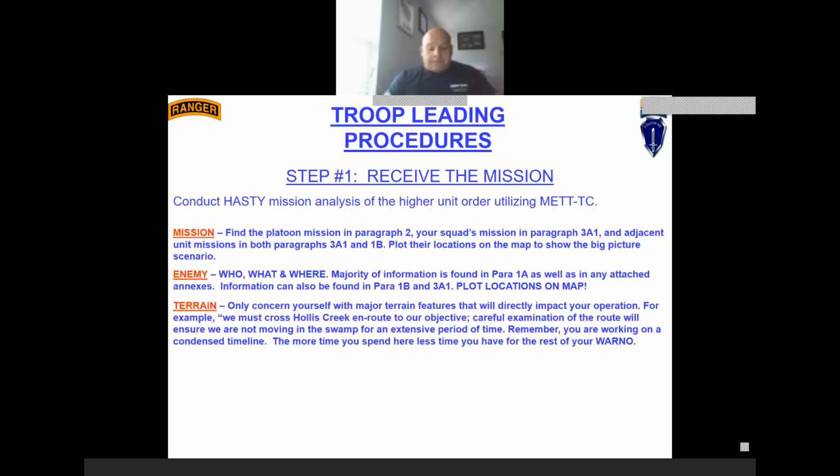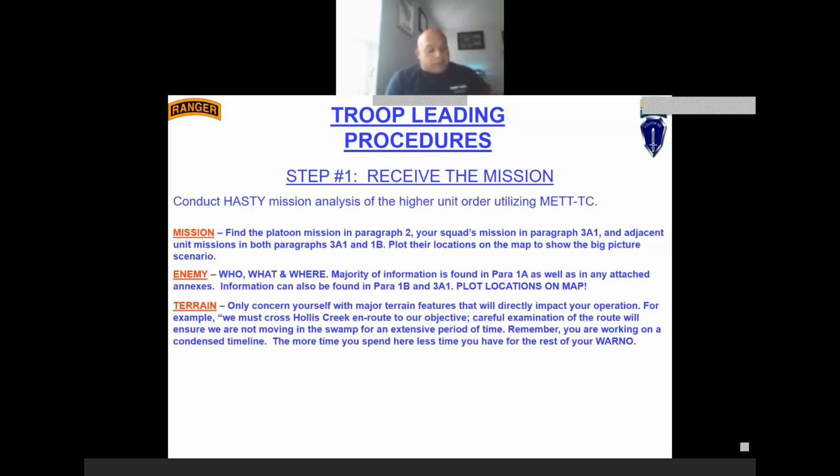Terrain. Only brief. The major terrain will directly impact your operation. For example, if you got a big hill, you got a creek out there that's en route or in the middle of your area of operation, you want to make sure you identify that, because that'll play later on when you're giving them the terrain analysis out there, and it'll also control your movement when you think about routes.